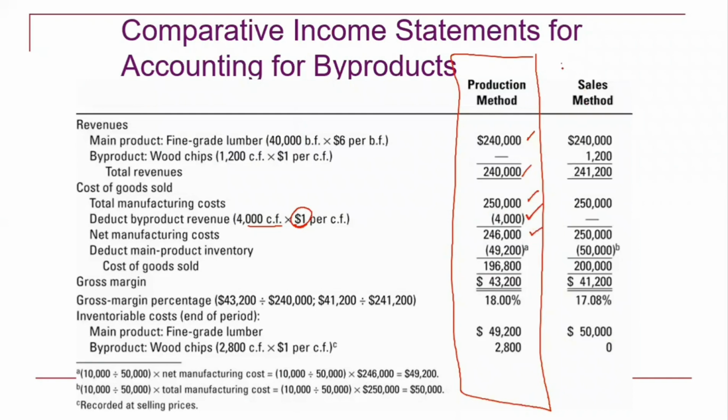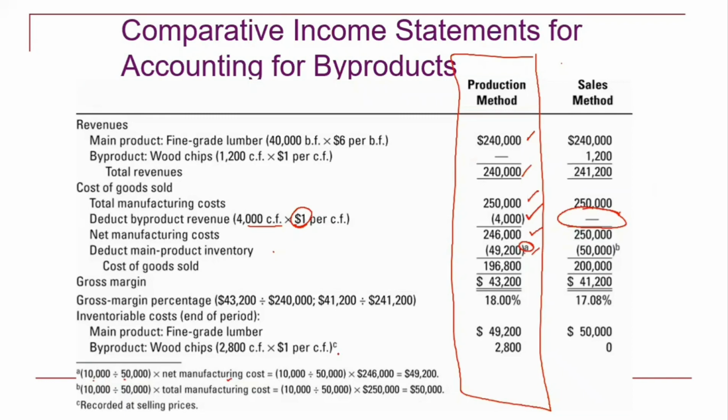Pero, puntahan na natin si sales method. Pagdating dito, wala kang ni-recognize dito. Okay? So, wala kang minus. So, deduct main product inventory, 49,200 dito sa ating under the production method. May note po siya kung ano ibig sabihin sa letter A. Yan po ay yung 10,000 over 50,000, multiply natin ang net manufacturing cost.